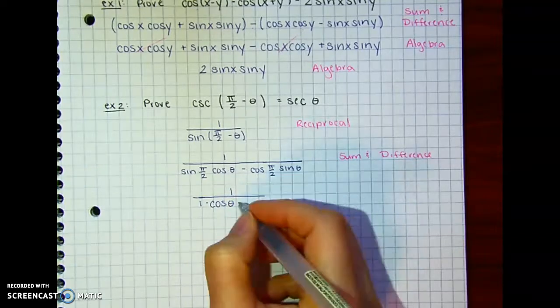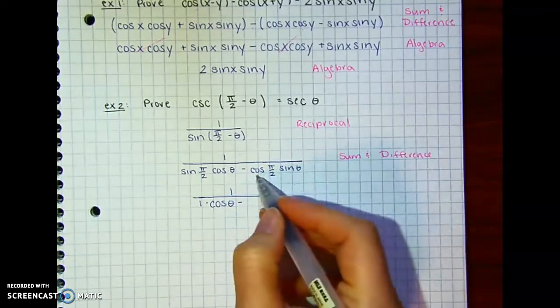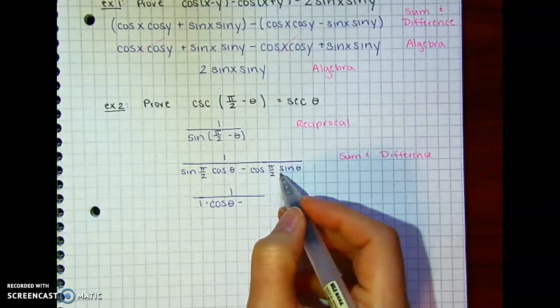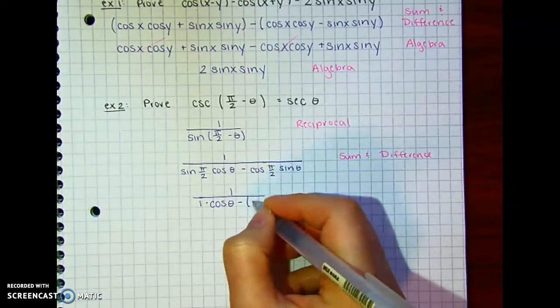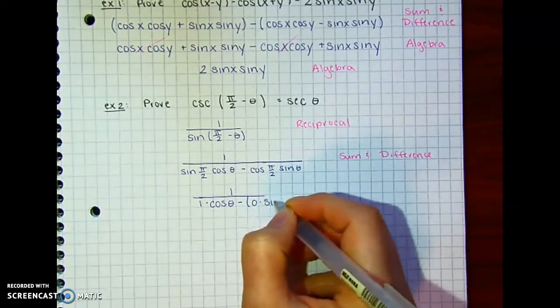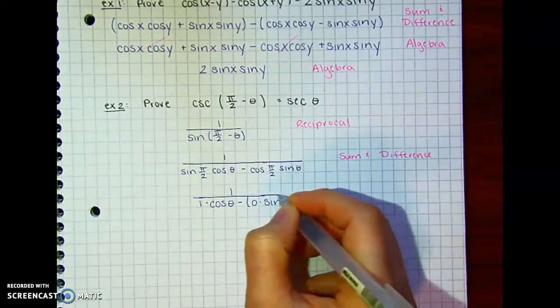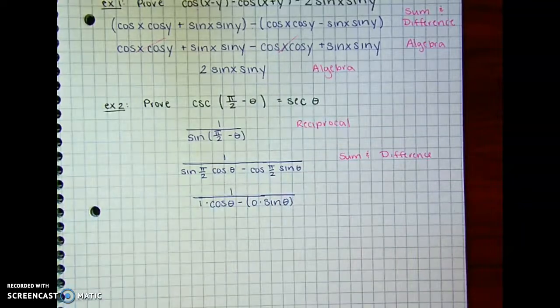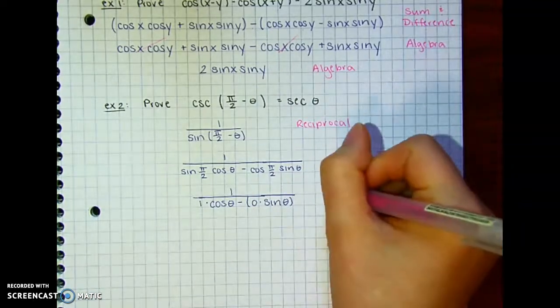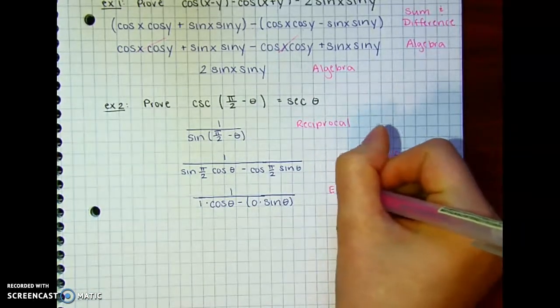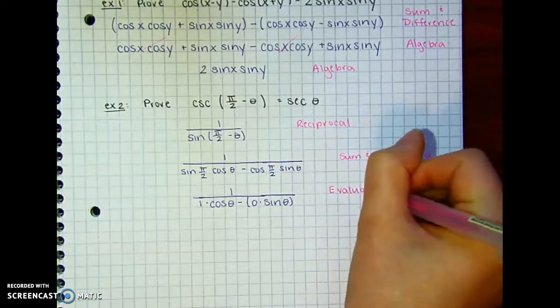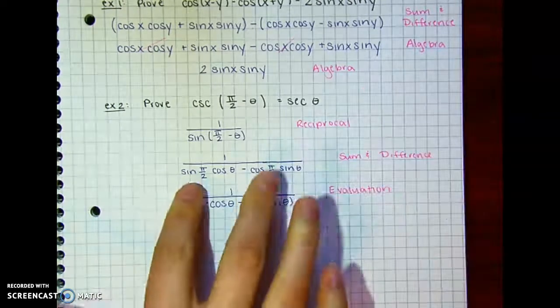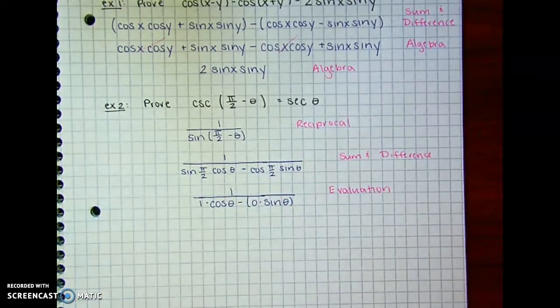And then cosine of pi over 2, this is your x value at the angle pi over 2, which is 0. So that was evaluating. We just evaluated these trig functions.